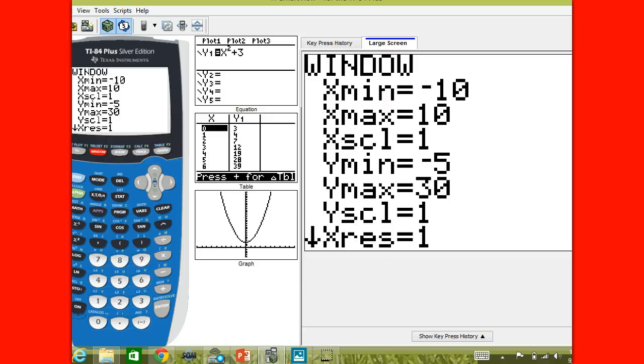So the last one that they give me is -50 to 50 and -100 to 1,000. Gracious.